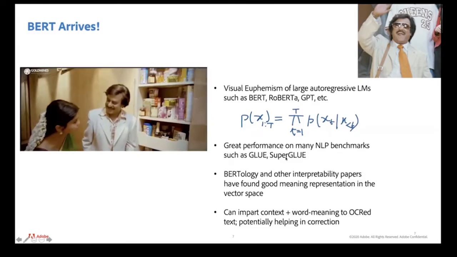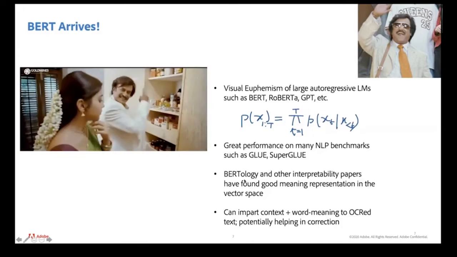If you see all these BERTology and interpretability papers, they have found really good meaning representation within the vector space of whatever these huge language models learn. And the advantage is that they can impart context and word meaning to this OCR text and can potentially help in corrections.